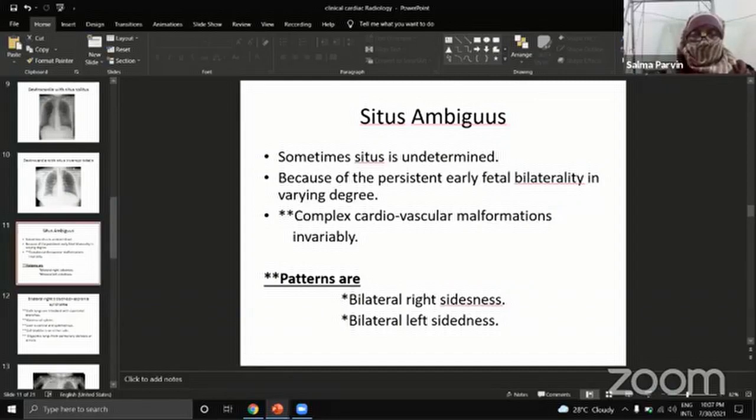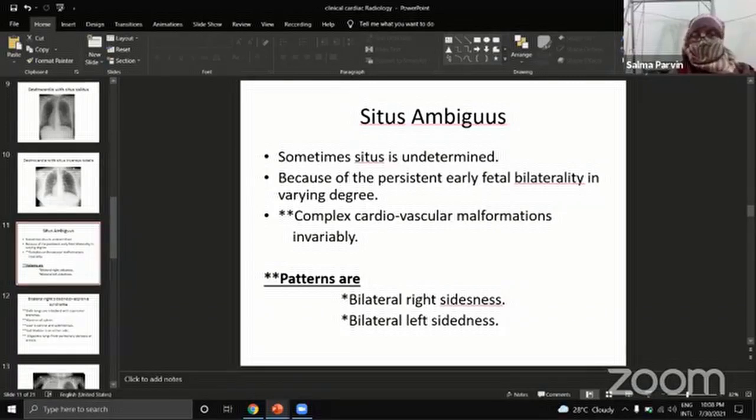It means the development during fetal life produced a similar bilateral right-sided or left-sided pattern. It is a mirror copy of both lungs, and both cardiac chambers would be similar. There would be both right-sided lungs or both left-sided lungs.